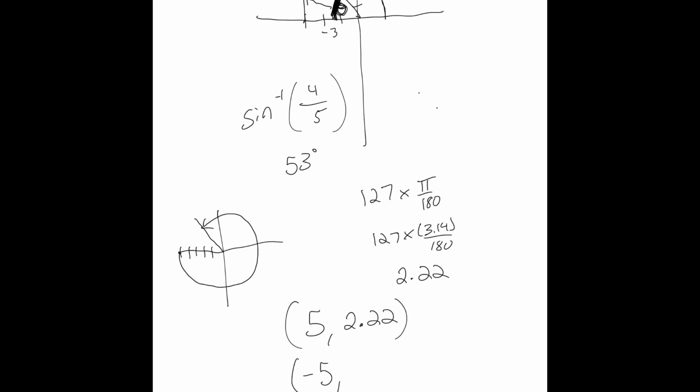Where would that be? Well, you could do 6.28, which is 2 pi, minus 2.2. That'll give it to you. 6.28 minus 2.2, this would also work.